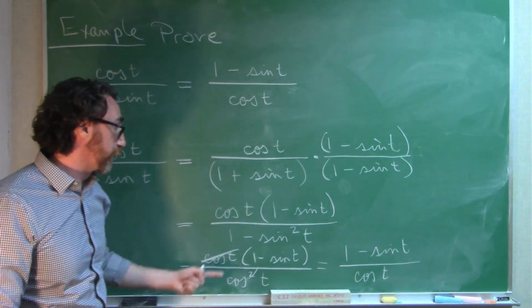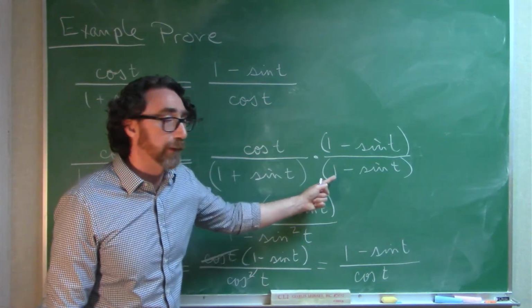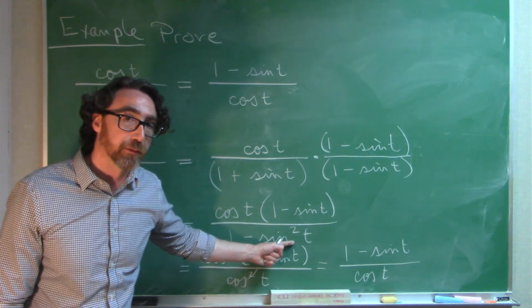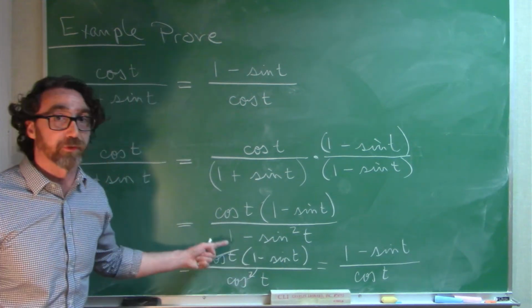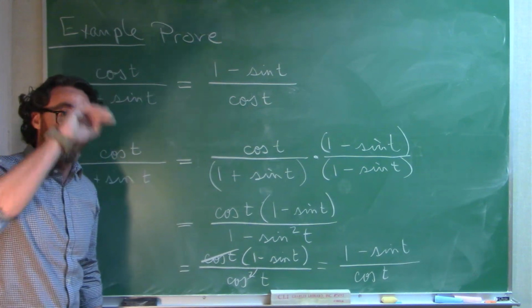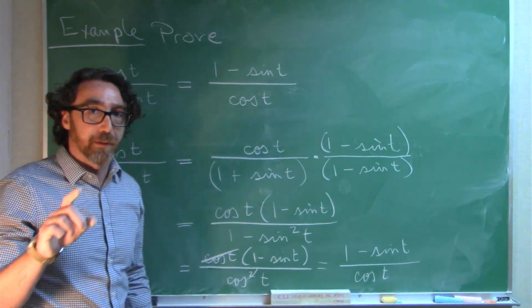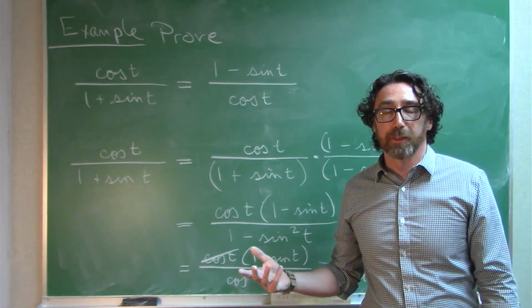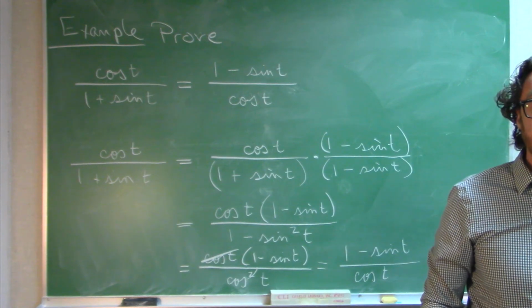Okay, the other reason is 1 plus sine t times 1 minus sine t is 1 minus sine squared, which is equal to cosine squared, which cancels that out. Okay, so multiplying the top and bottom by the same thing. Another important trick, another important technique when you're dealing with trig identities that involve fractions.